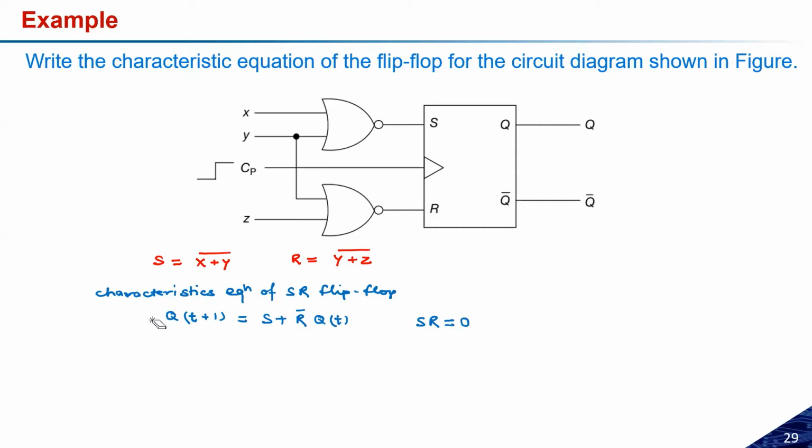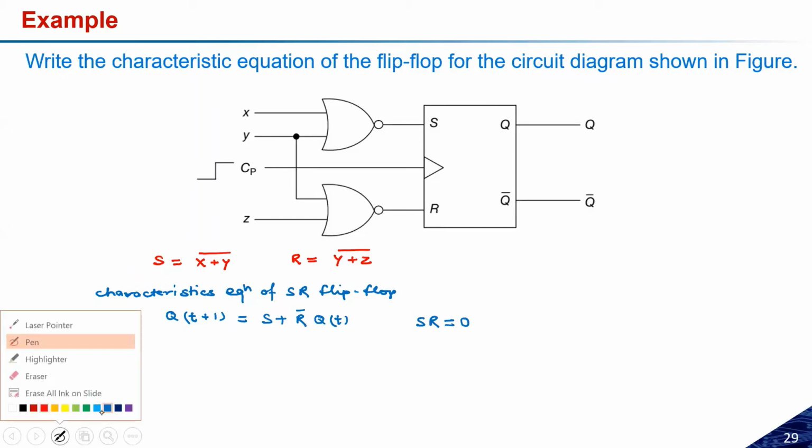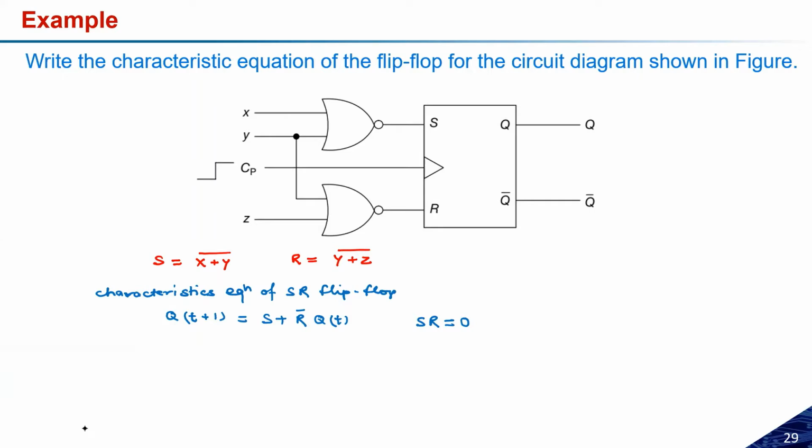If we put the above values of S and R in this equation, then what will I get? I will get a different kind of equation. Let us see. Q(t+1) will give you S, which is X plus Y complement, plus R bar, which is Y plus Z, into Q(t).